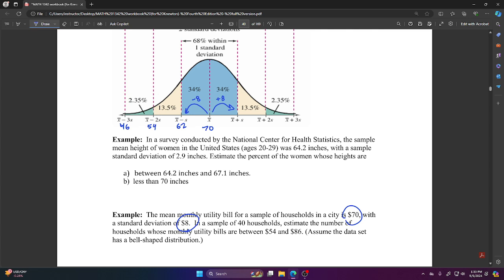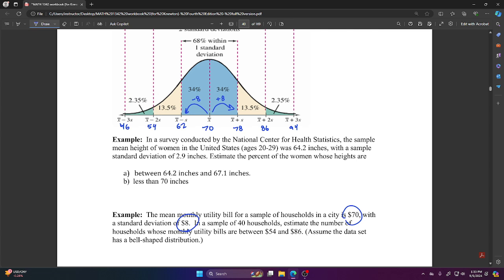I know this one. What's 70 plus 8? But then I don't know anymore. 86 and 94, thank you. So those are the numbers that we have for utility bills between this and that.